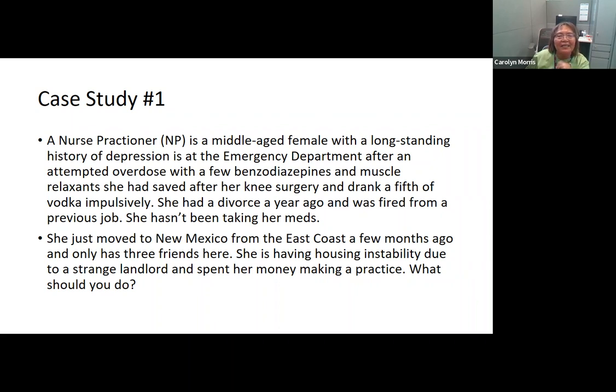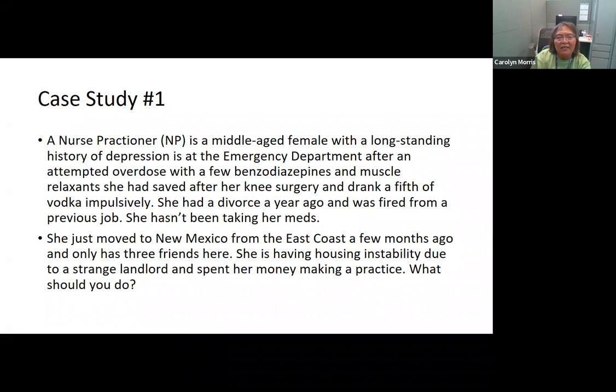A nurse practitioner is a middle-aged female with a long-standing history of depression, at the emergency department after an attempted OD with a few benzos and muscle relaxants. She had saved them after her knee surgery and drank a fifth of vodka impulsively.